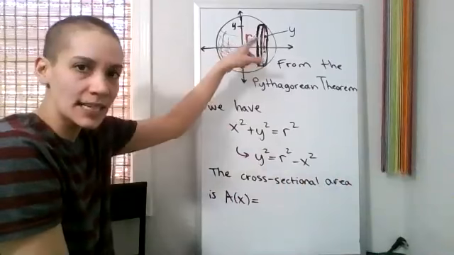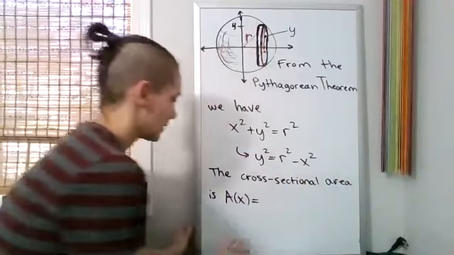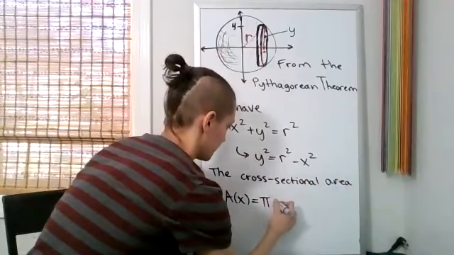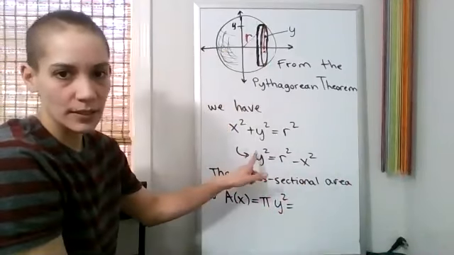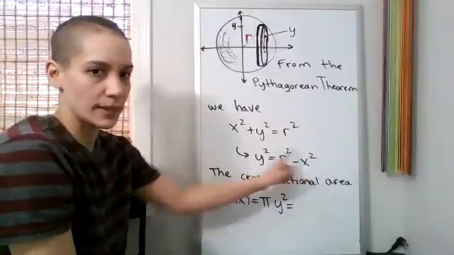The radius of this slice was y. And we've solved for y squared, so it's pi times r squared minus x squared.